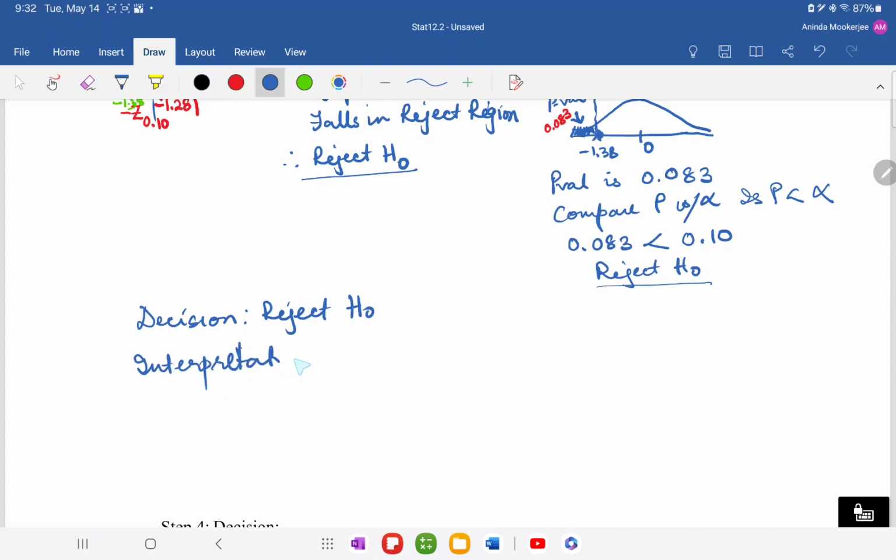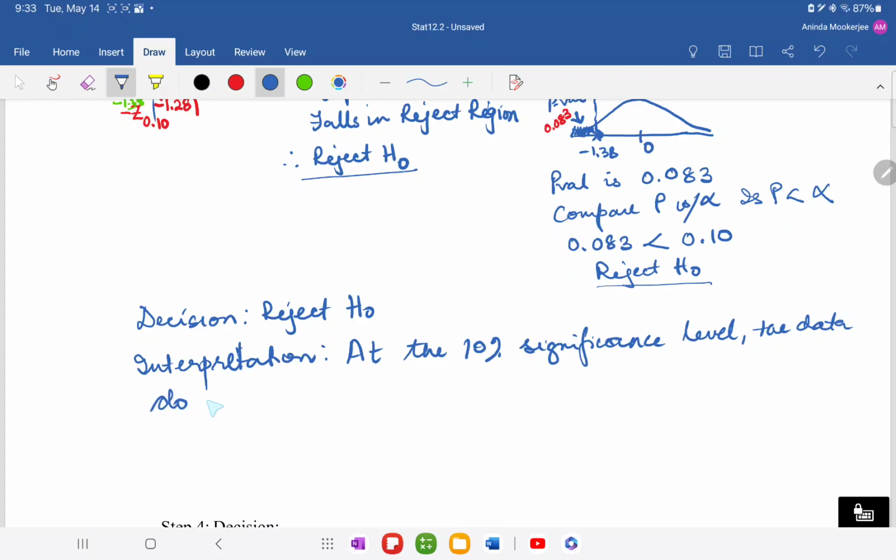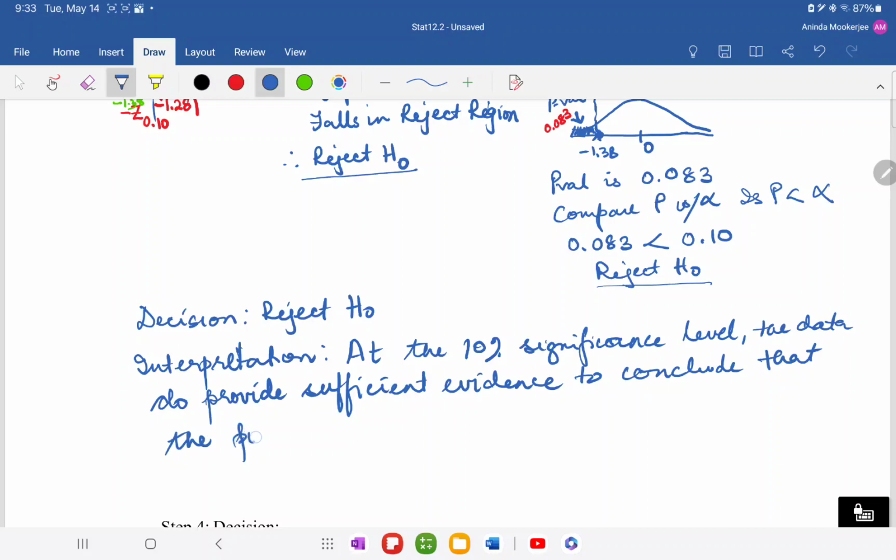Interpretation should say: at the 10% significance level, since alpha equals 0.10 means the significance level is 10%, the data do provide sufficient evidence to conclude that the population proportion is less than 0.3.